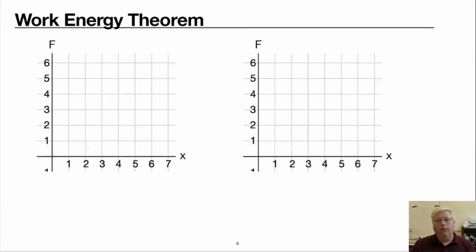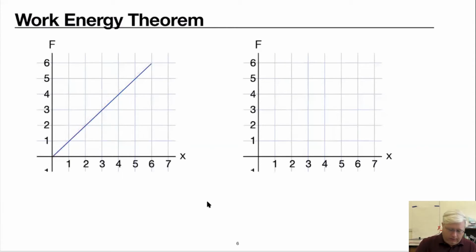So if the force is not constant, if the force varies, well, we can find the sum of all those infinitesimal little bits of work done. On the previous slide we had this force here, it's changing. It's not a constant force, it's a varying force.